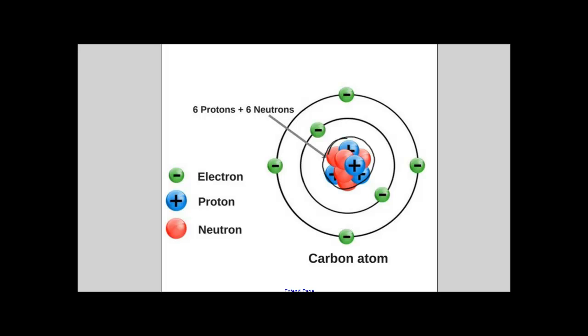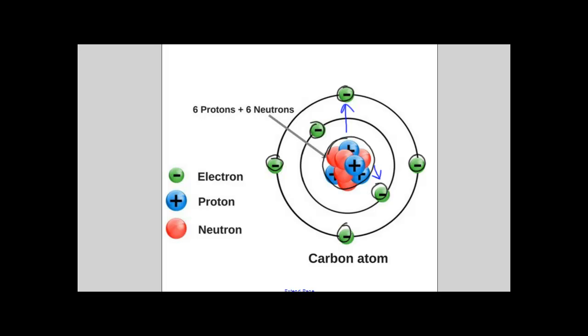Atoms also have electrons. You can see these electrons sitting outside of the nucleus. Electrons are found at very specific distances from the nucleus, and only at those distances. They can't be anywhere else.